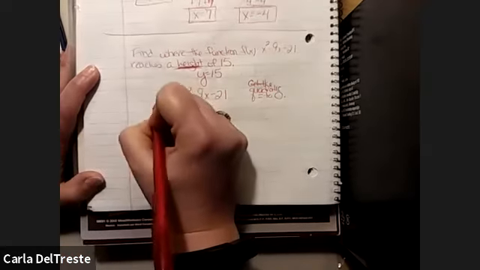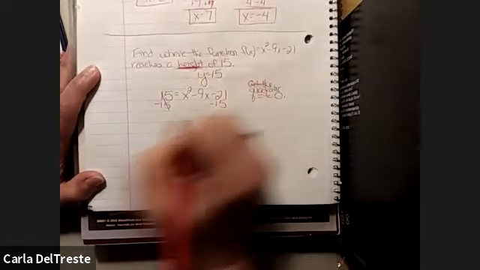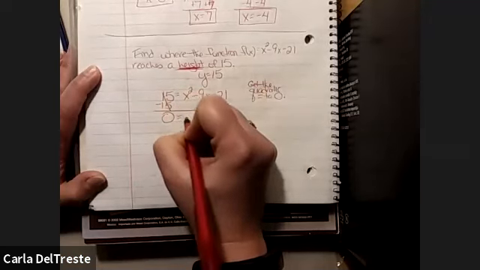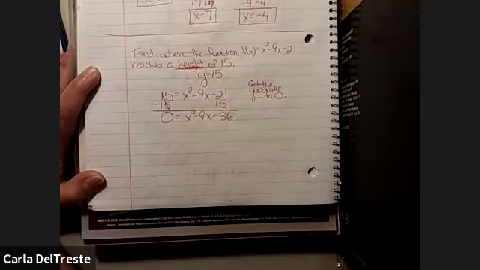So I'm going to have to do a little bit of algebra, subtract 15 from both sides, leaving a 0 on the left. Now I can continue with trying to use the zero product property.